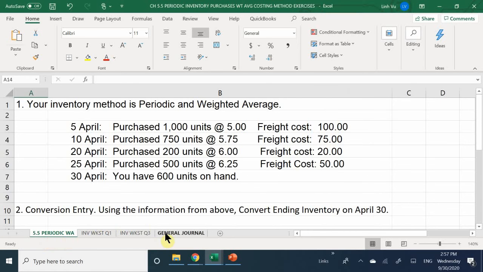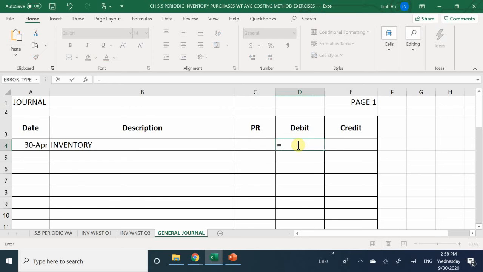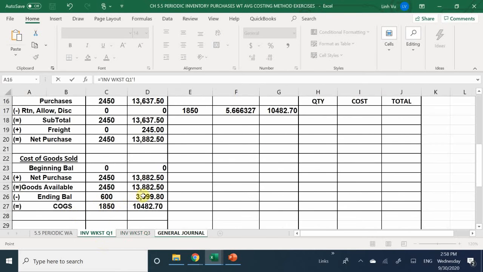No. So you're right, it's going to be generalized as regular inventory because it wasn't specific. What else am I going to be recognizing? Are we recognizing the ending balance? $3,399.80, right?